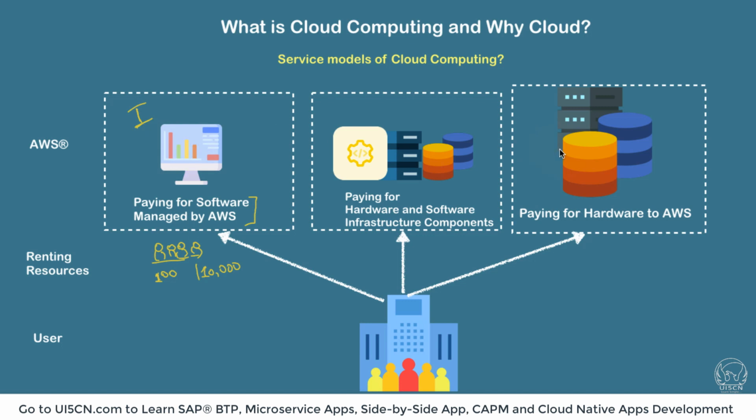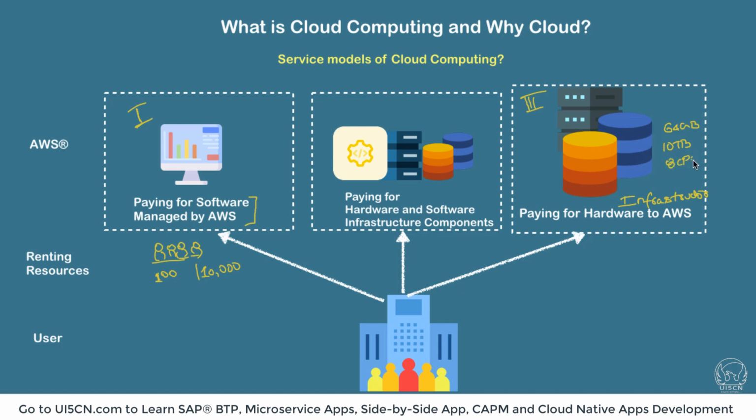Now, one more thing which can happen is you're basically renting the hardware here. So that is the third case here. We're directly renting certain infrastructure. For example, I don't want to spend a lot of money to buy expensive hardware with 64 GB of RAM and 10 TB of hard disk and a special 8-core CPU.